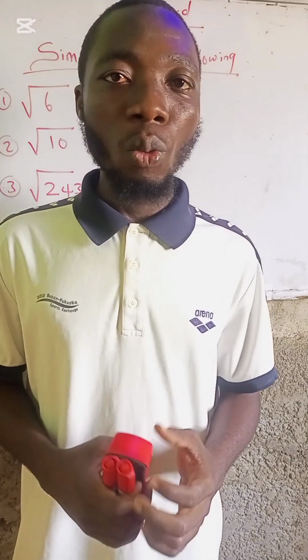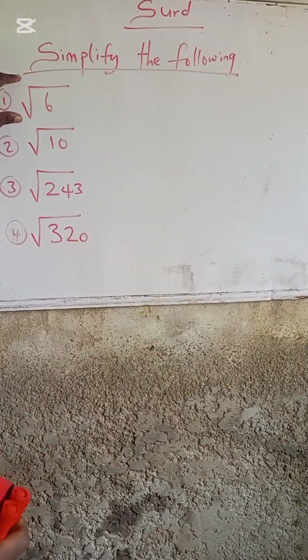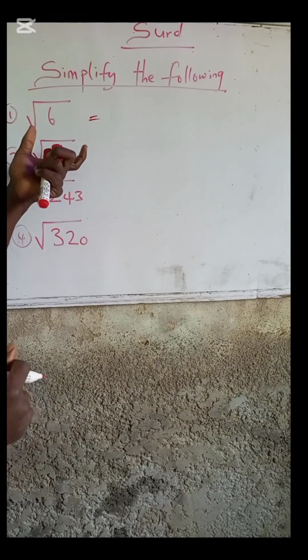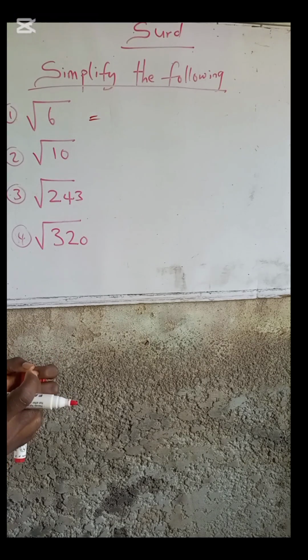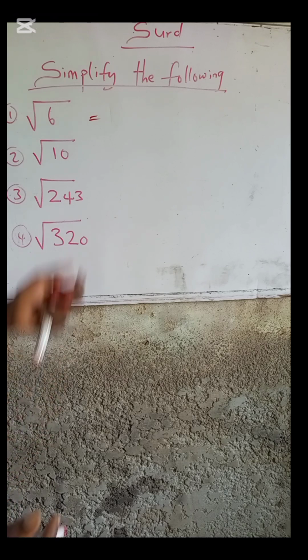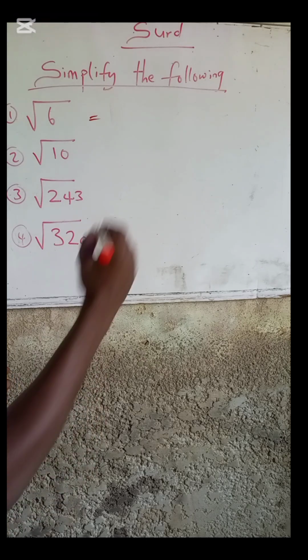For instance, we have a question here before us where they say we should simplify root 6. If we want to simplify root 6, we should think of a perfect square number that will multiply a non-perfect square number so that we'll be able to get 6. Let's check. Is that possible?